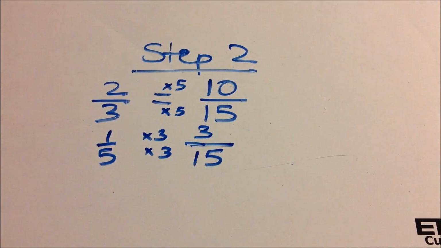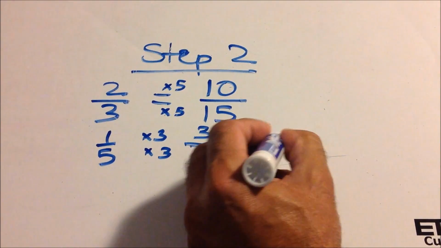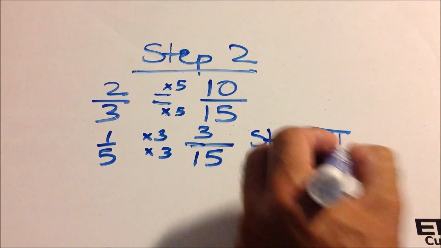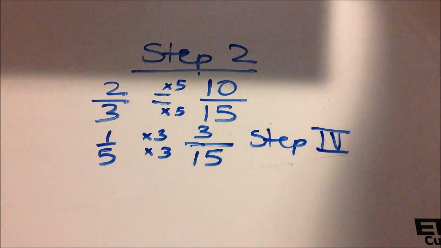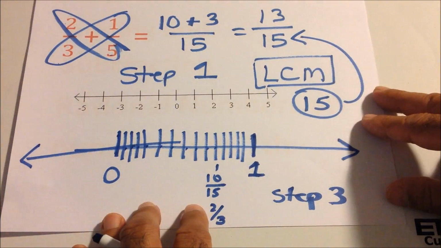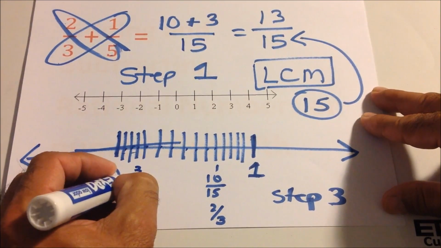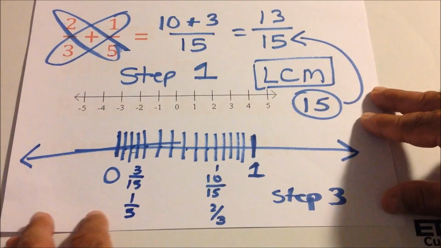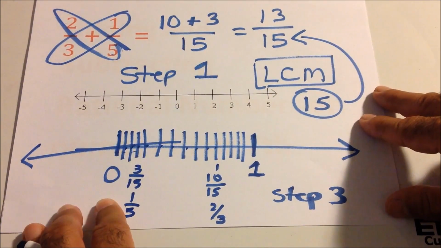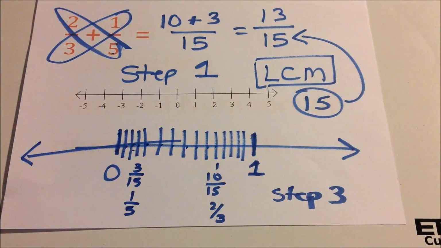So 3/15. 3/15 is 1/5. That was step 4. So now let's put 3/15 on the number line. 1, 2, 3. 3/15 is also 1/5. So now we've converted so they all have the same denominator, 15.